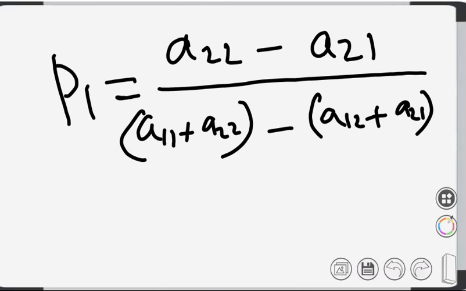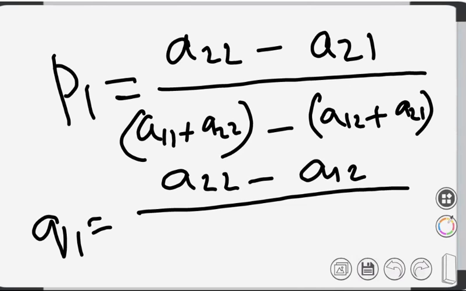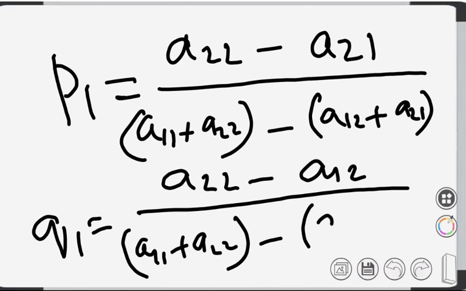That is the value of P1, and the value of Q1 is equal to A22 minus A12, and the denominator is the same, A11 plus A22 minus A12 plus A21. So this is what you have to remember.